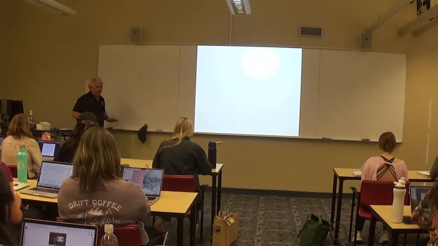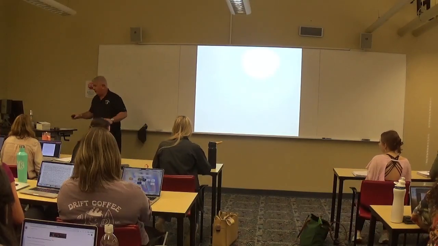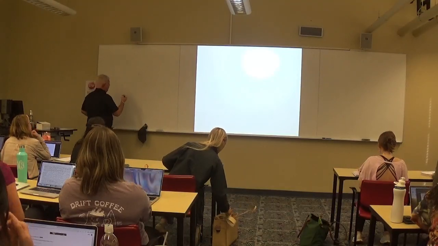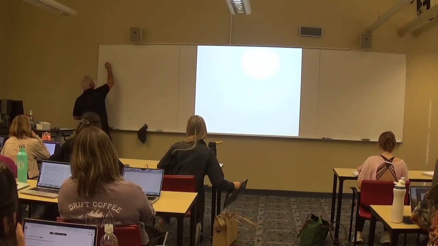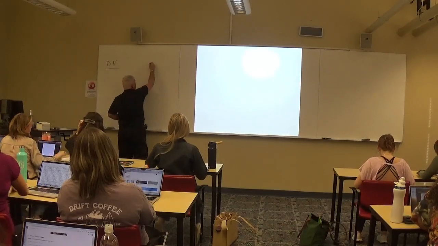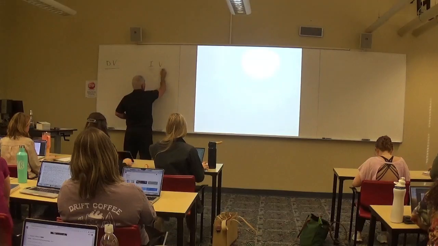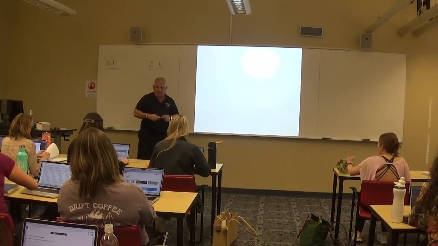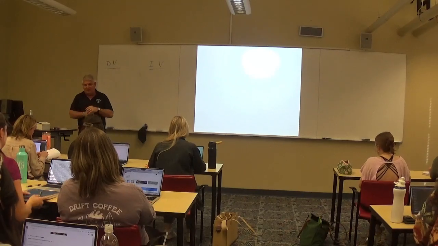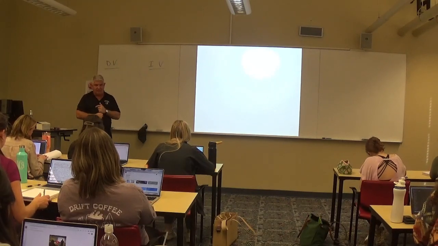First I want to go over how to do the lab, but as I'm talking about that, I would like you to be writing down what the dependent variables and independent variables are for this lab. Okay?